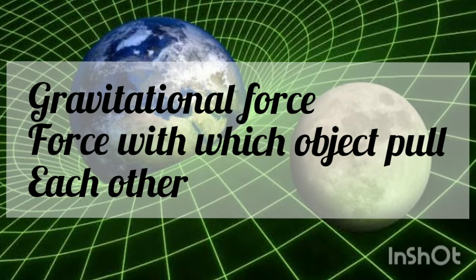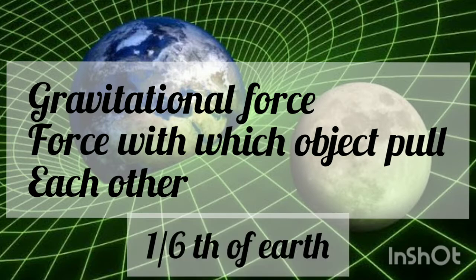Now, different objects exert different magnitudes of gravitational force. For example, if you go to the moon, the gravitational force of the moon is about 1/6 of the earth.